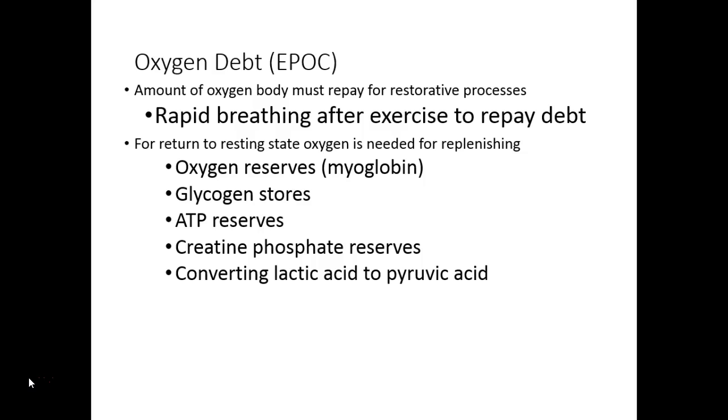And then, of course, the oxygen also is going to be responsible for converting some of that lactic acid that leads to muscle fatigue back to pyruvic acid that can then enter the Krebs cycle, cell respiration, and our aerobic respiration, and create more ATP for storage.